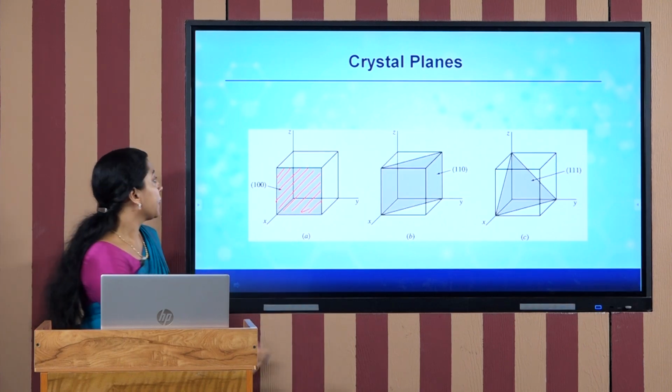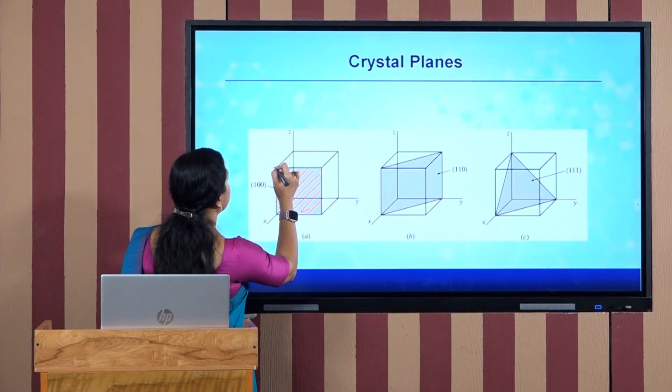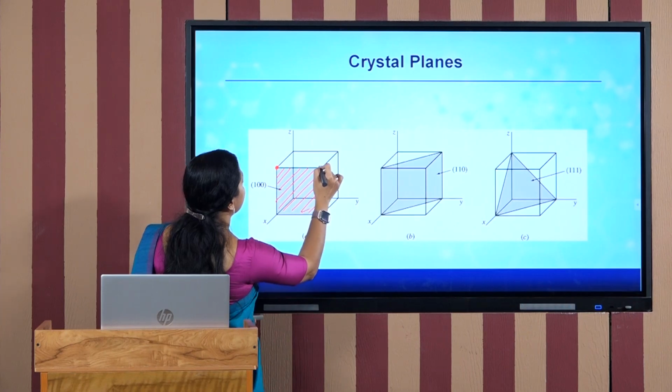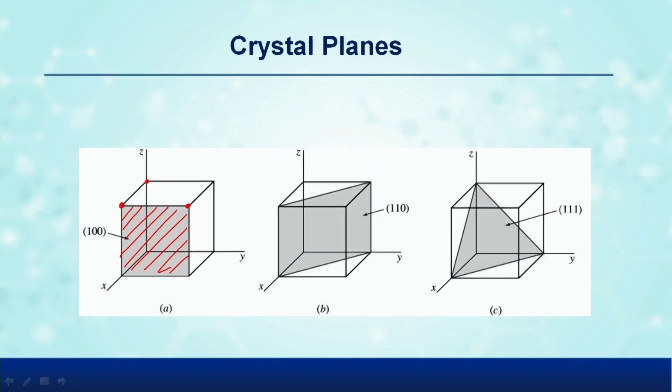If we consider a cube, it will have particles at the corners. So, just imagine that the particles are present at the corners. You can see that this plane is passing through these particles, through these structural units. So, that is called a crystal plane, and another word for crystal plane is lattice plane.